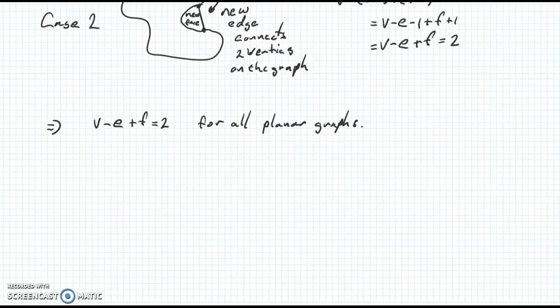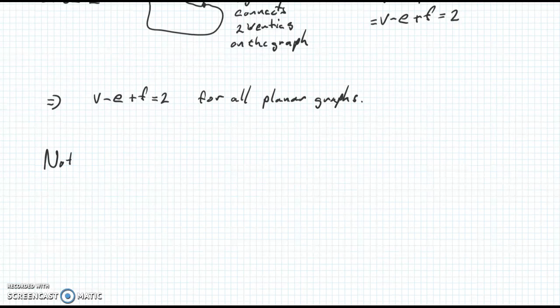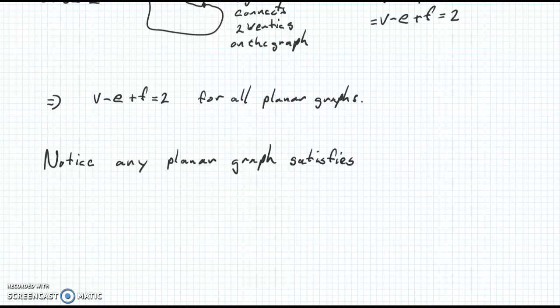And that's because it's a one-way implication, which is any planar graph. So notice any planar graph satisfies vertices minus edges plus faces is equal to 2.